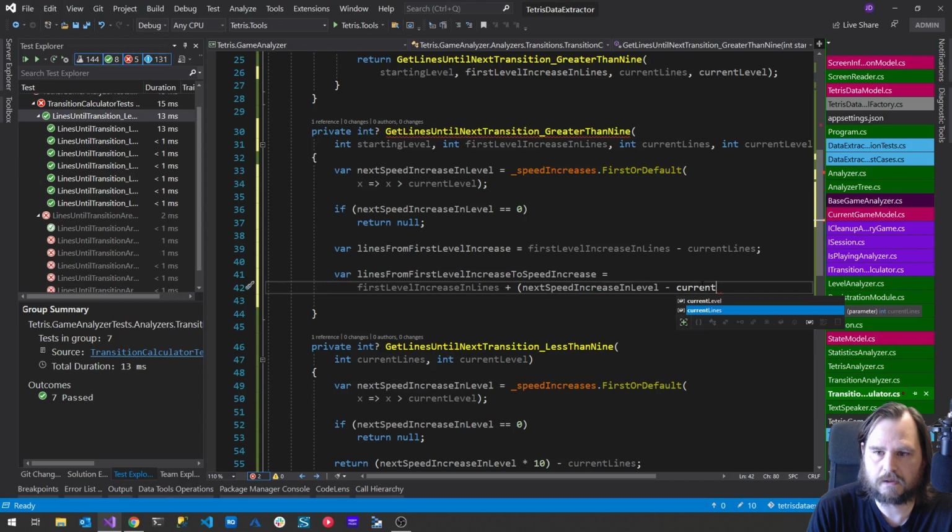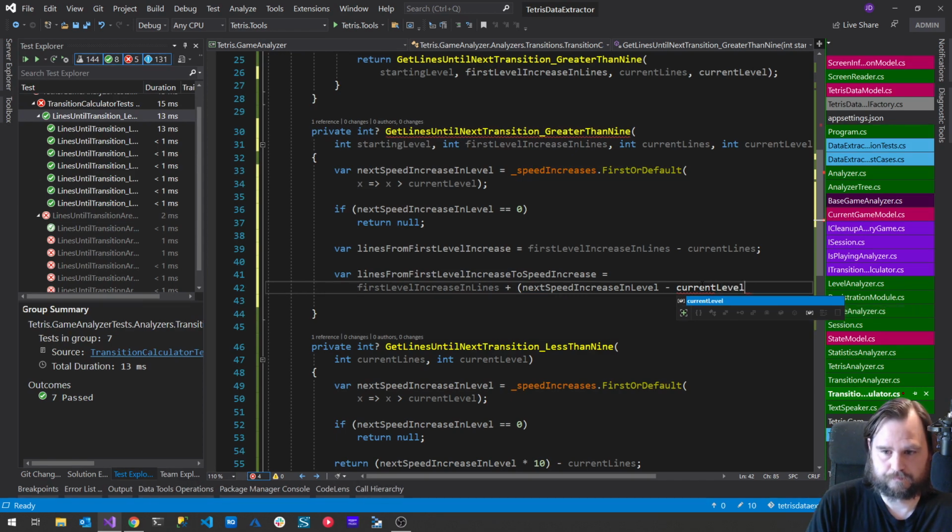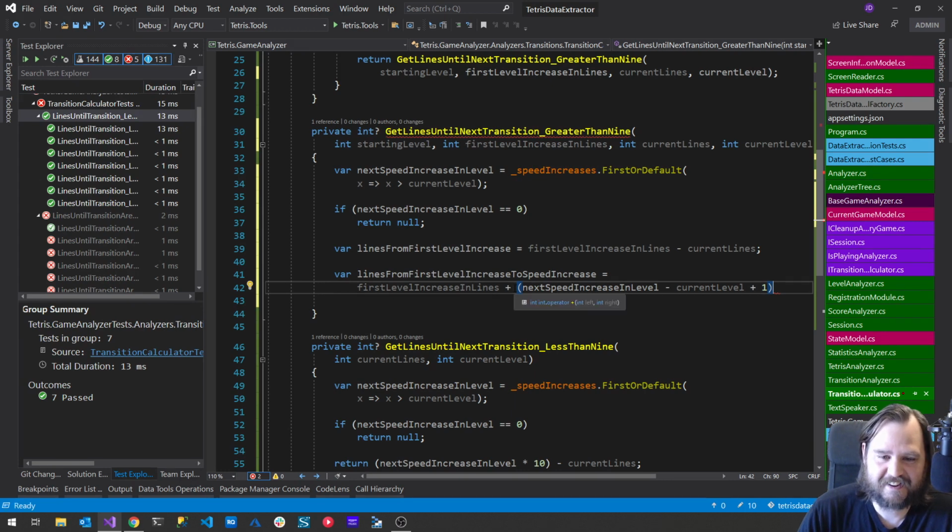Minus current level plus 1. That needs to be times 10.